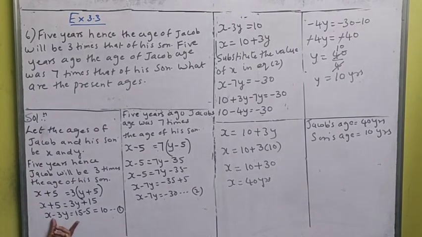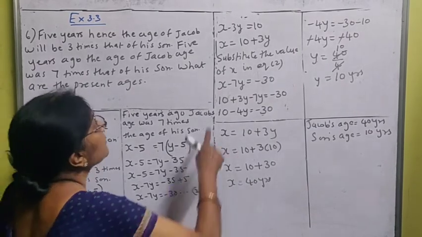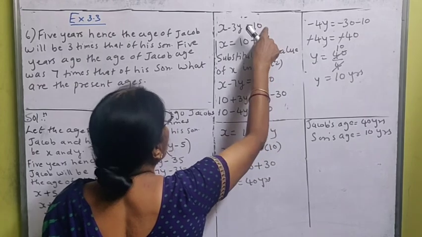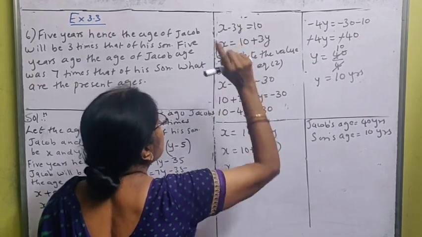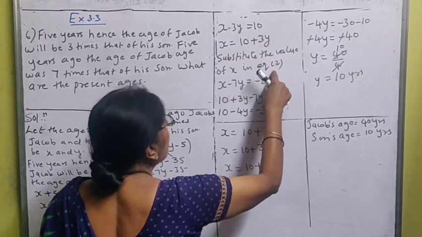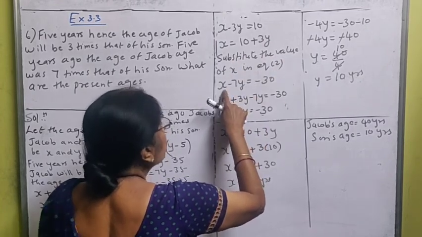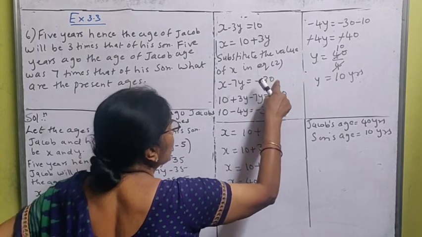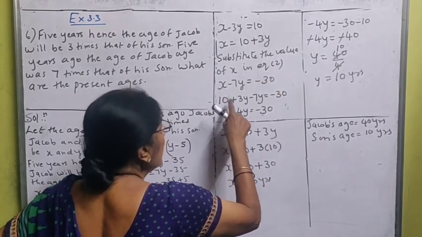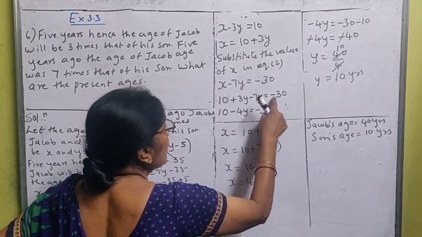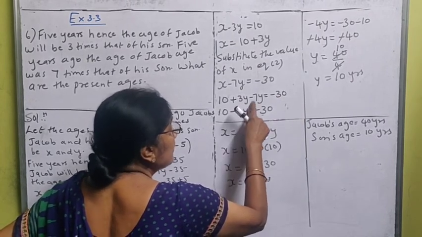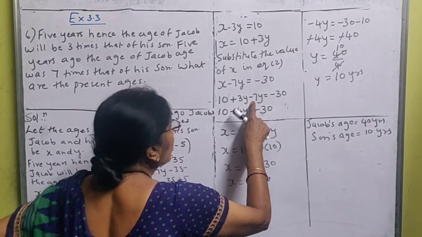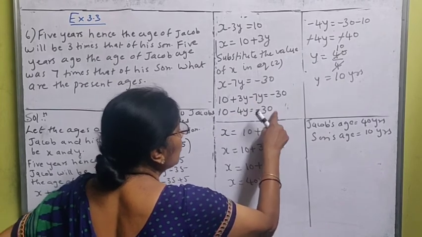Now I will take the first equation to find the value of X. X minus 3Y is equal to 10, so X is equal to 10 plus 3Y. Substitute the value of X in equation 2. Equation 2 is X minus 7Y is equal to minus 30. So 10 plus 3Y minus 7Y is equal to minus 30. 10 will remain as it is, and 3Y minus 7Y gives minus 4Y is equal to minus 30.